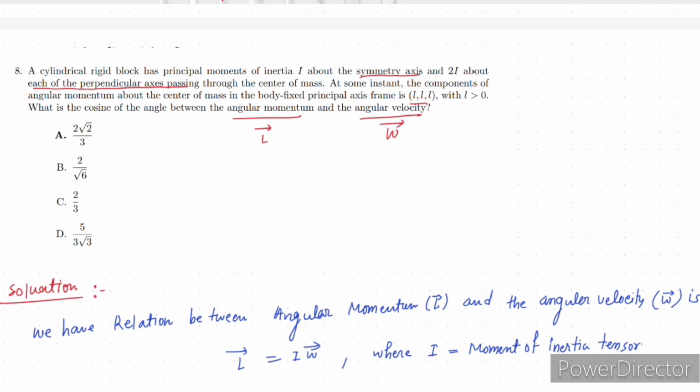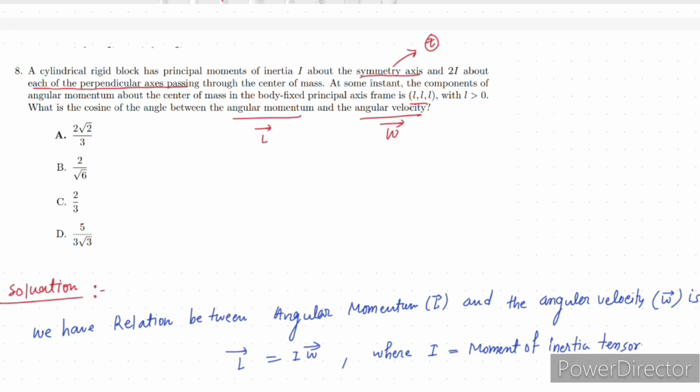So here the moment of inertia about the symmetric axis is I. The moment of inertia about the perpendicular axes, perpendicular to the symmetric axis: if we consider the symmetric axis as the z axis, then the perpendicular axes are the x and y axes. So the moment of inertia about the z axis is I, and about the x axis and y axis it is 2I.